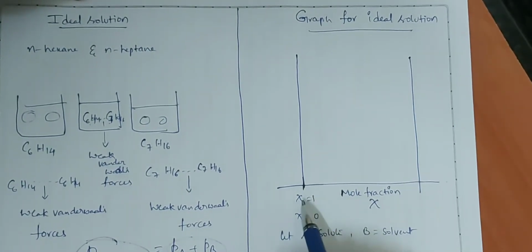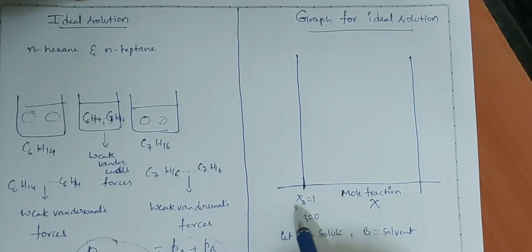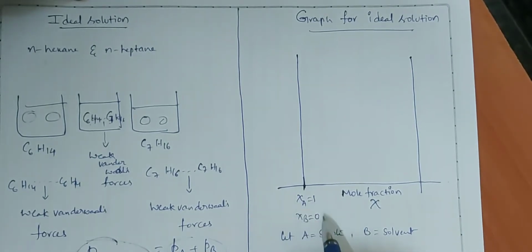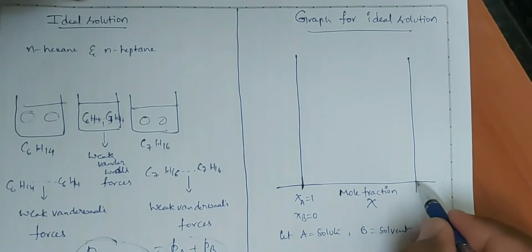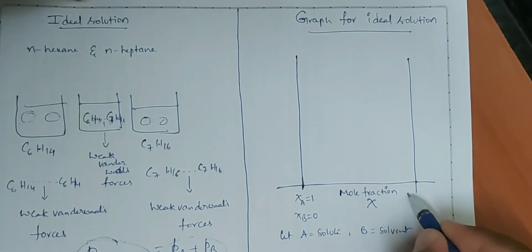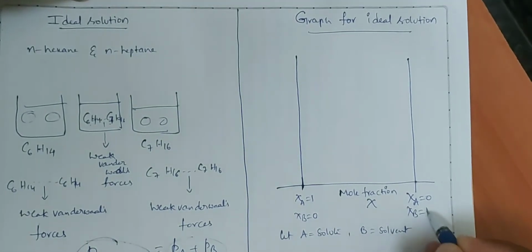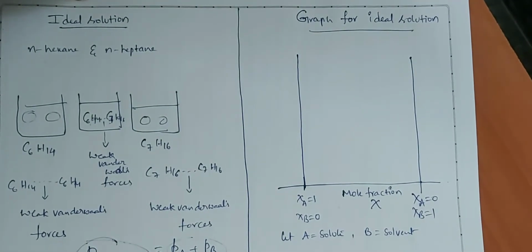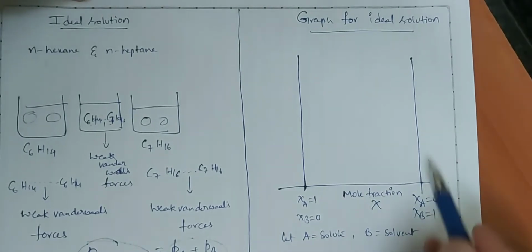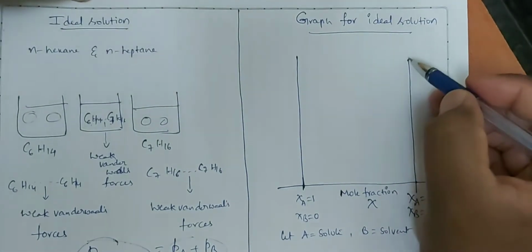Correctly at this point chi A is equal to 1, that means completely it is present as pure solute. Chi B, no solvent is there. At this point chi A is equal to 0, chi B is equal to 1. Only pure solvent is there, which does not contain any solute.